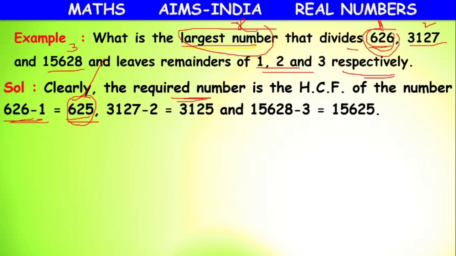From 3127 also, as it is leaving remainder 2, if we subtract 2, this 3125 will be divided by x exactly. From the third number also, if we subtract 3, the result 15,625 will be divided by x exactly.